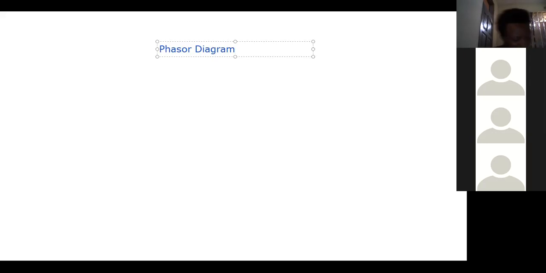Phasor diagram. Now, a phasor diagram is a vector diagram. You know what a vector diagram is? I think all of us have done vectors. It's a vector diagram that is normally used to analyze AC circuits.